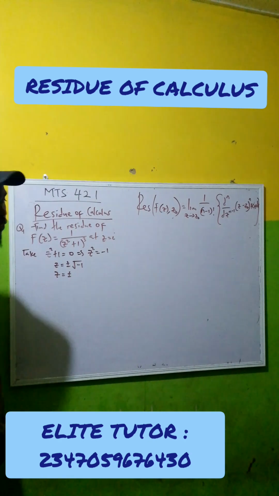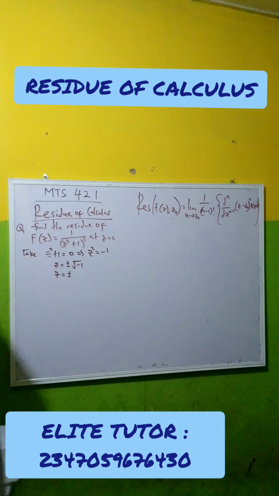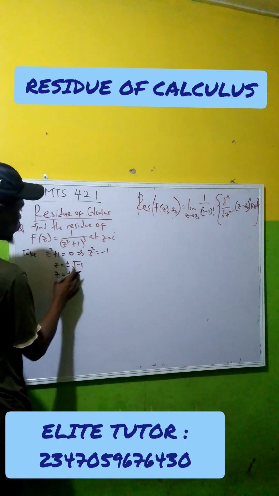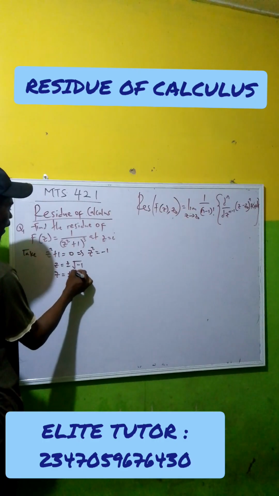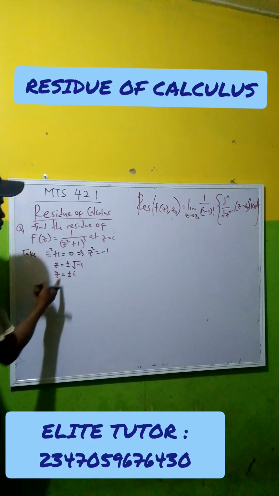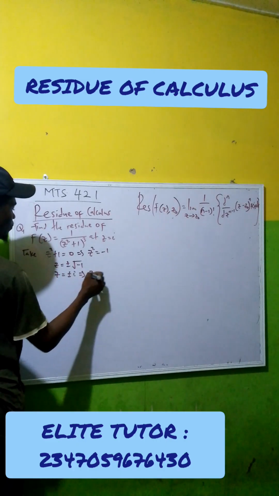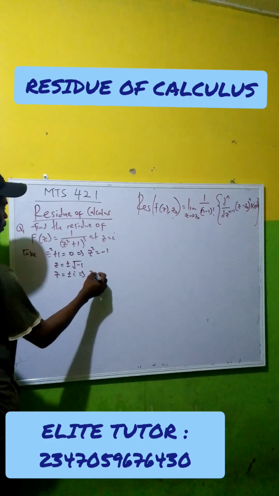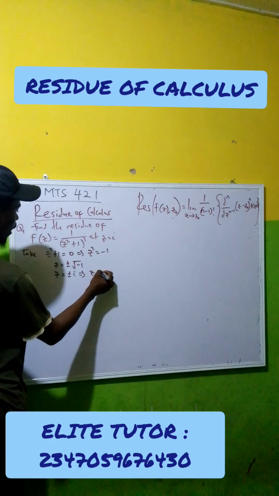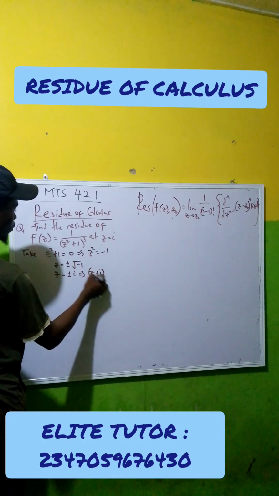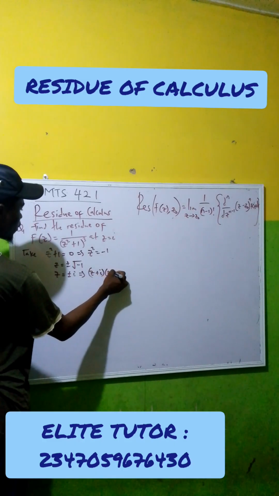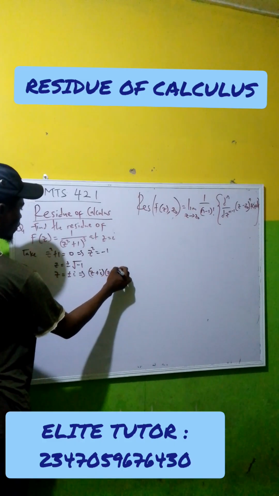This is an imaginary number. So this becomes i, so you have plus or minus i. By the time you bring this back, it implies that z is either z plus i or z minus i.